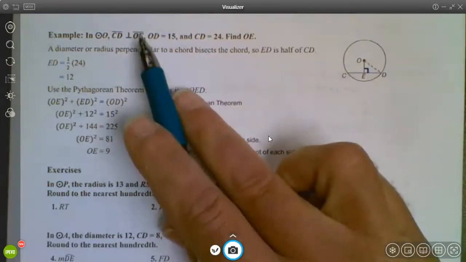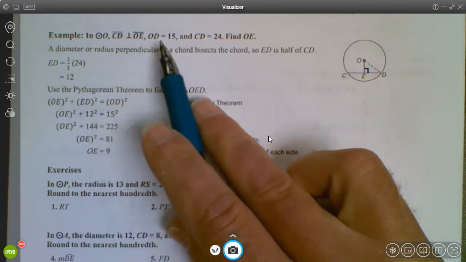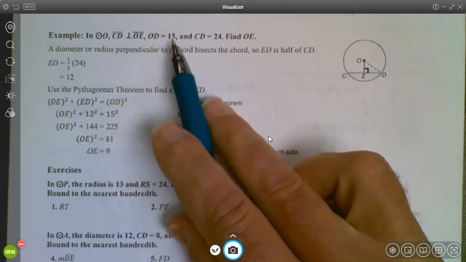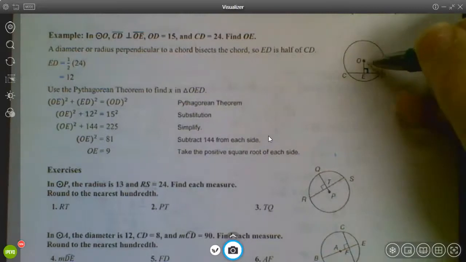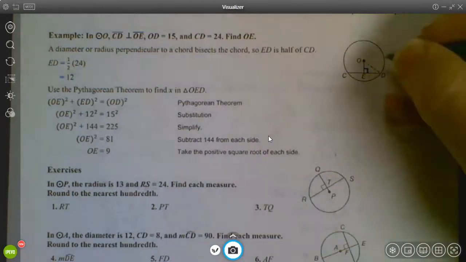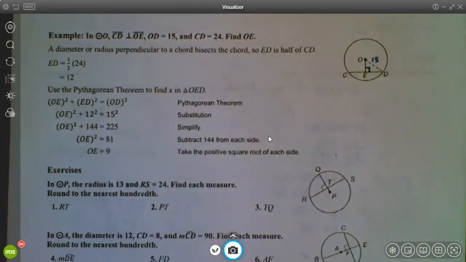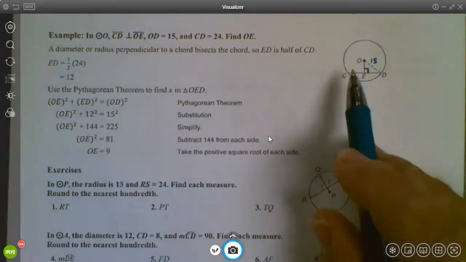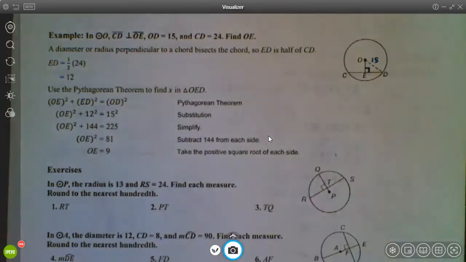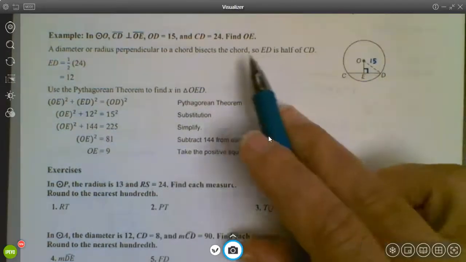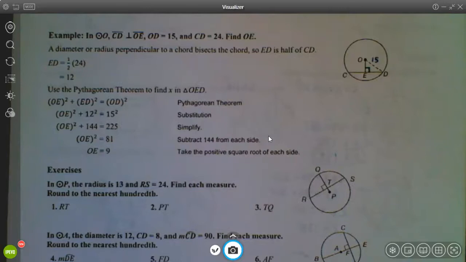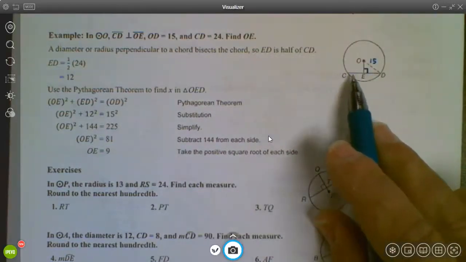Now they're telling us that OD is 15. So OD, the radius, is 15. Remember, that's a radius because it goes from the center to a point on the circle. They're also telling me that CD is 24. So that whole chord is 24.